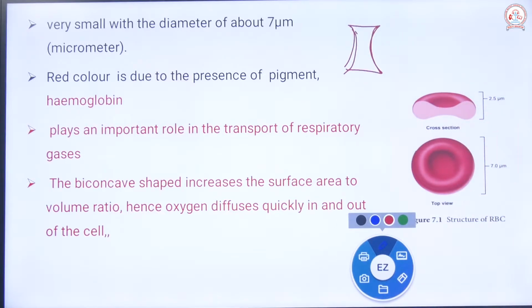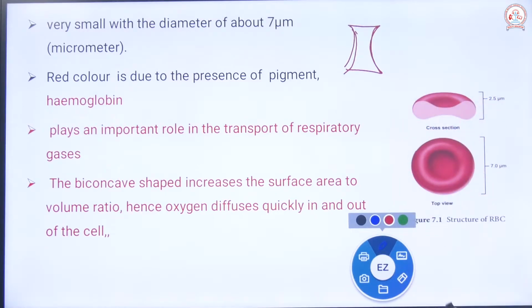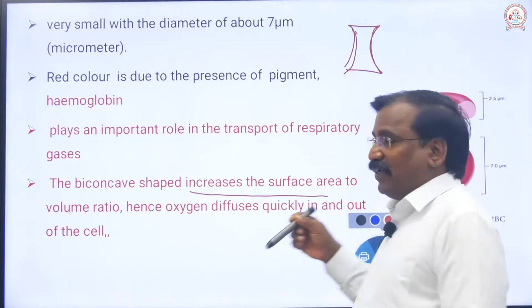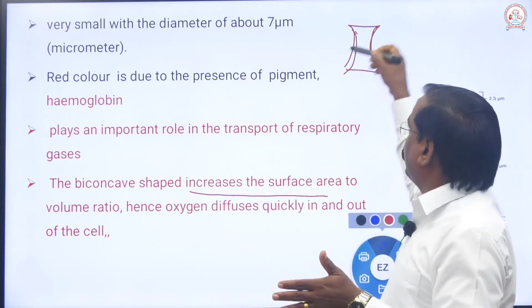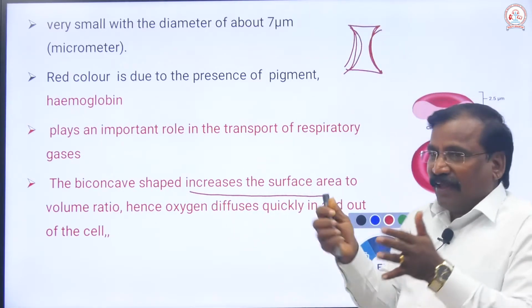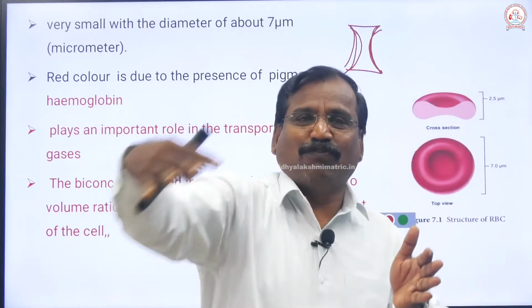Why is it biconcave? When there is an inpushing, that is a concave nature, it increases the surface area. If it is straight, the area will be less, and if it goes inside, the area increases. Like a straight road, if it bends, the length is more.